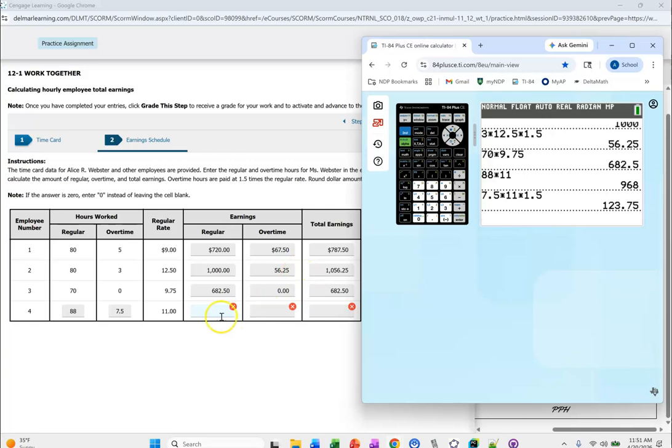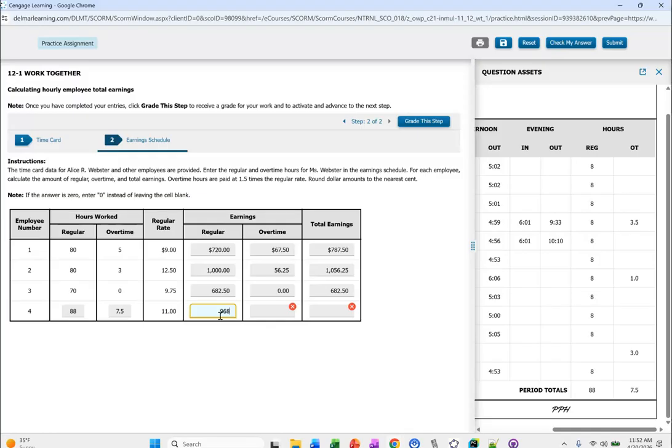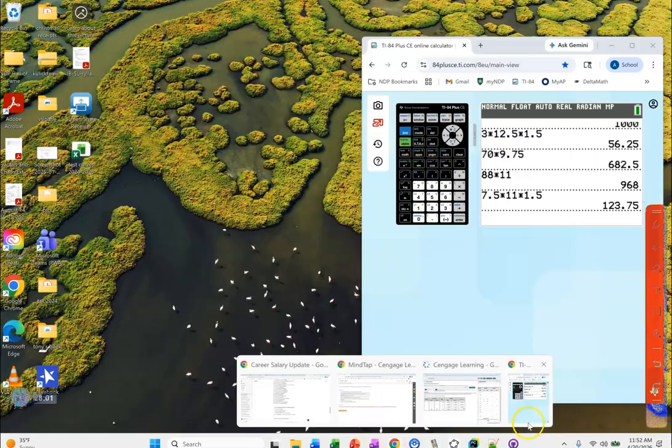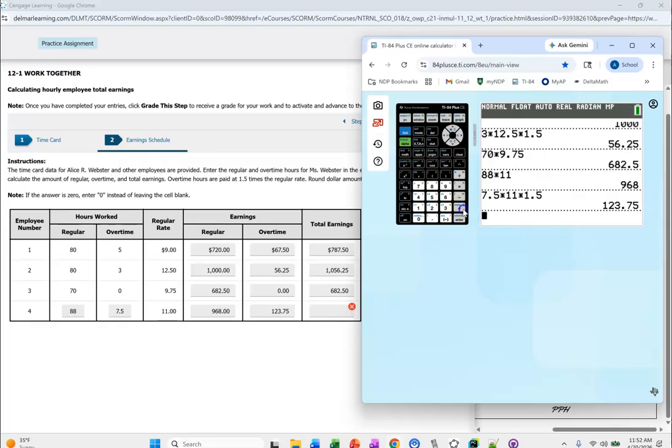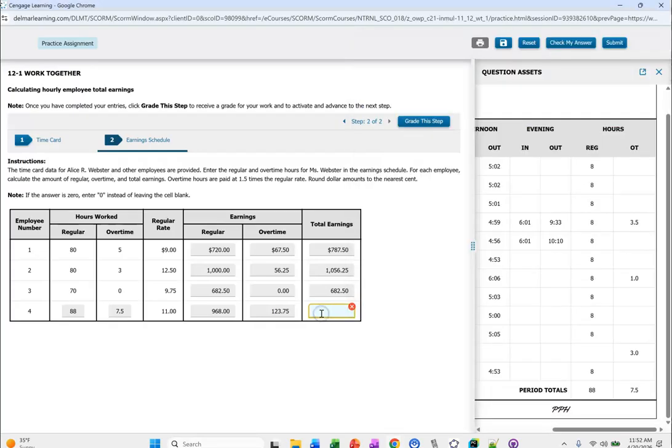So 968 and then 123.75. And then I add those up. So that's 1091.75. Is everybody cool as to how we go about doing this? Should be pretty straightforward there, I think, right?